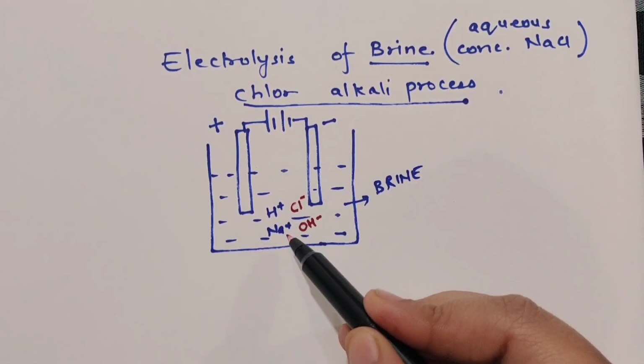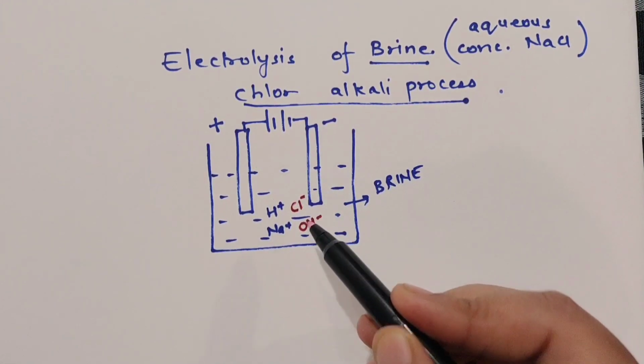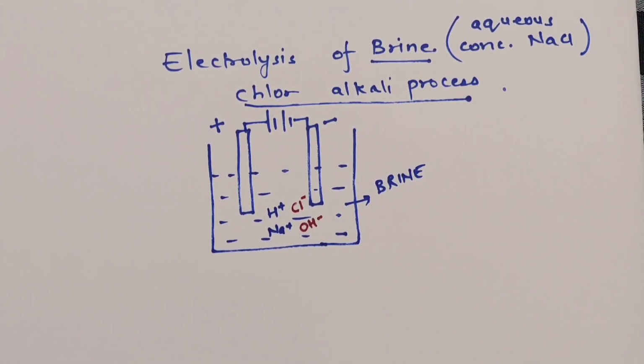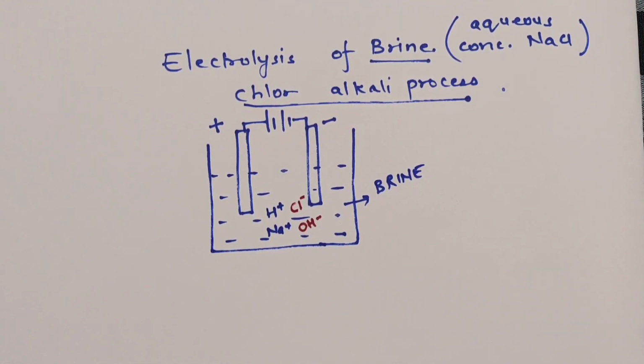The two cations will compete to go to the cathode, and the two anions will compete to go to the anode, and only one of them will win. Now, the reason for a particular ion to win is beyond the scope of your syllabus. But thankfully, it's very easy to remember the products.